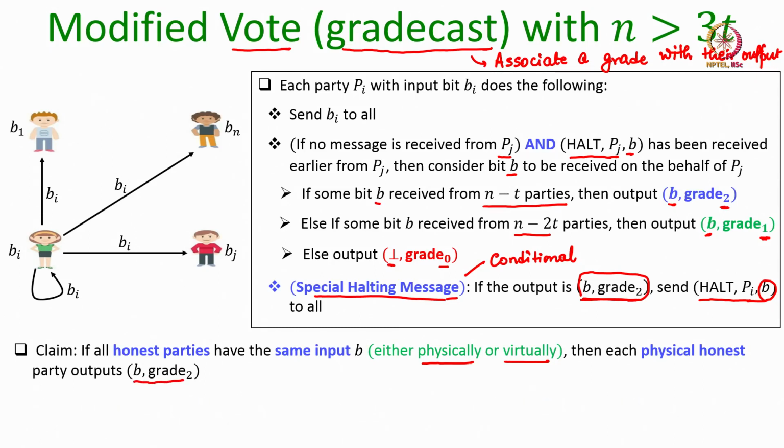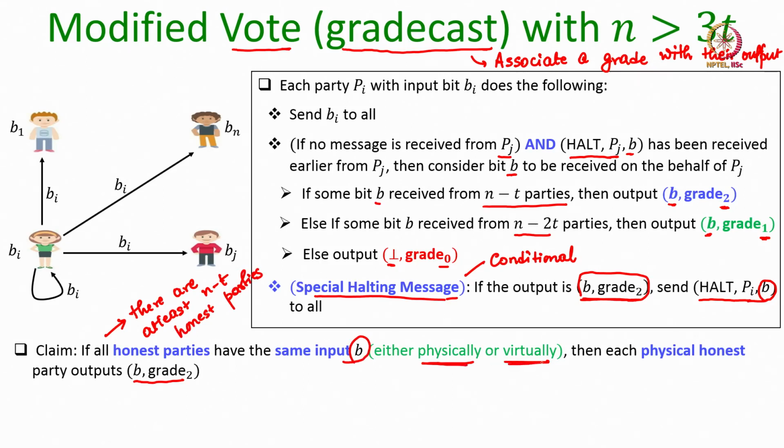And this again simply comes from the fact that if all the honest parties have the same bit, then since there are at least n minus t honest parties, and since we are assuming they have the same bit irrespective of whether they are present physically or virtually.